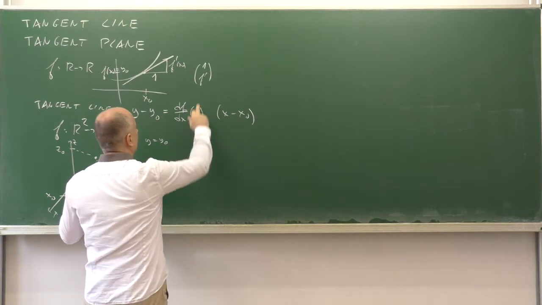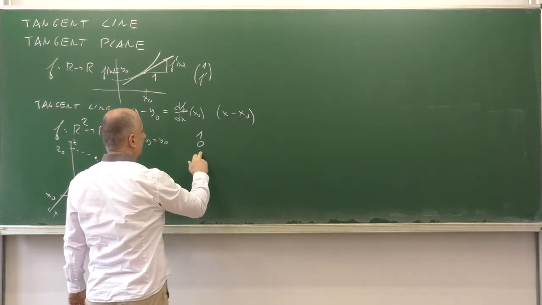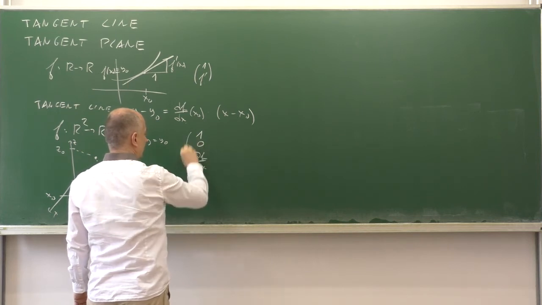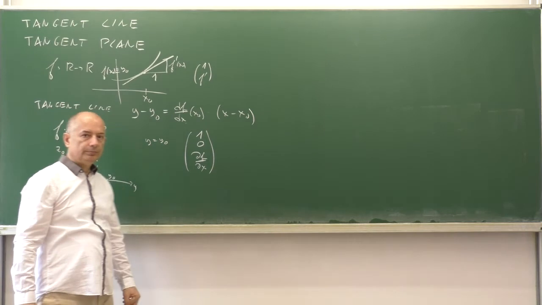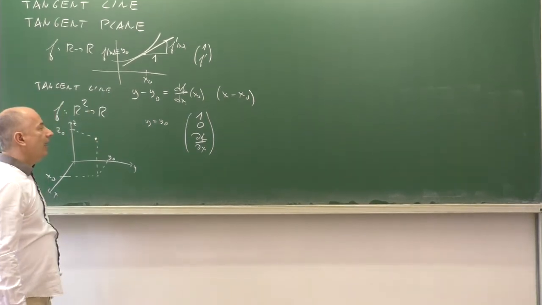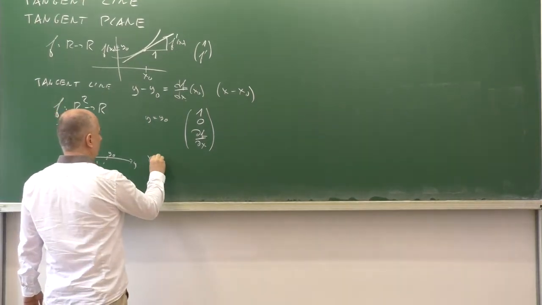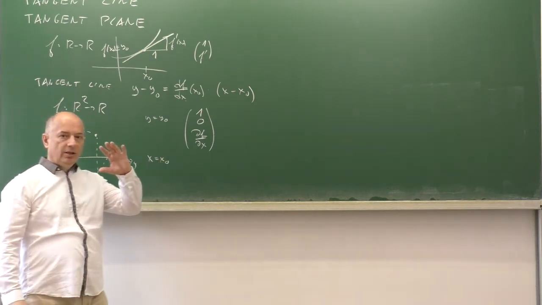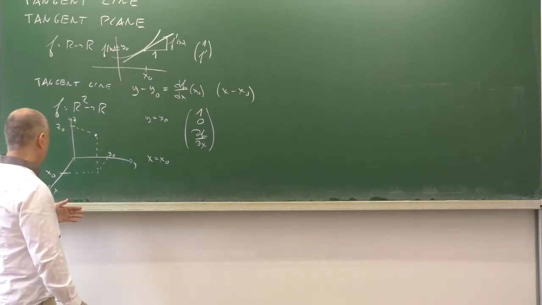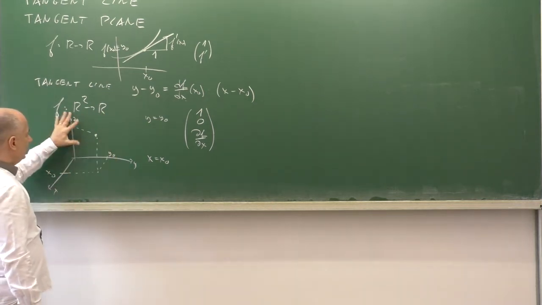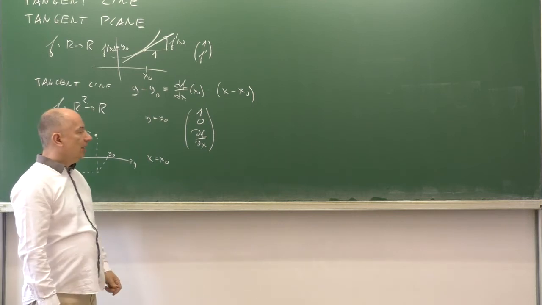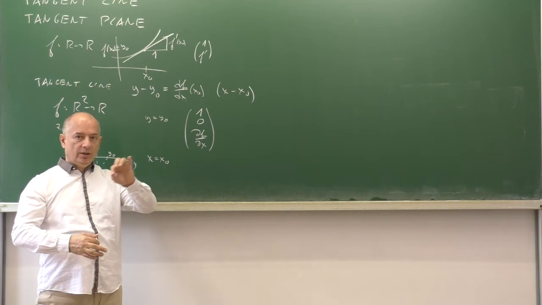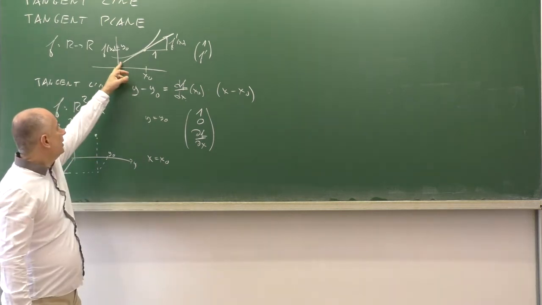And the last coordinate will be the partial derivative of f with respect to x. Or we could assume that x is constant. This time we cut the graph with a plane parallel to the yz plane. And when we take the surface and cut with this plane, we get again a one-dimensional curve, similar as before.